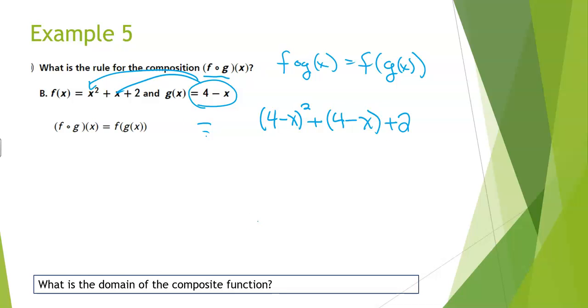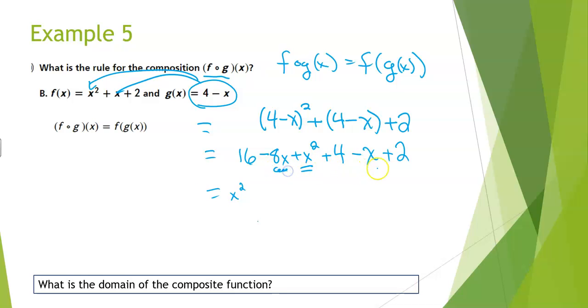Now I want to expand this out a little bit. So this would be 16 minus 8x plus x squared. And since I'm adding, it doesn't matter what I do there. I can take away the parentheses. I'm going to look for all the things that are alike. Looks like my x squared's all by itself.